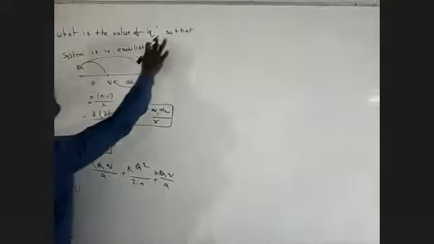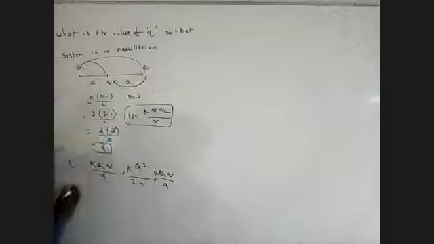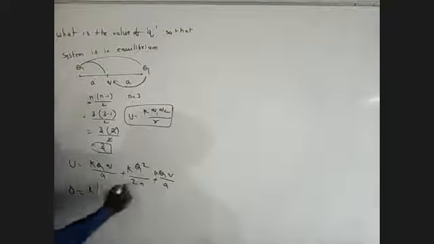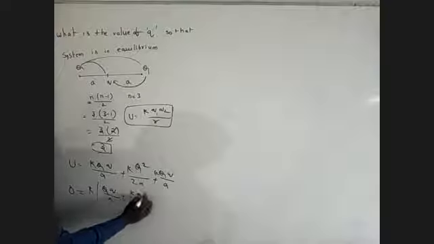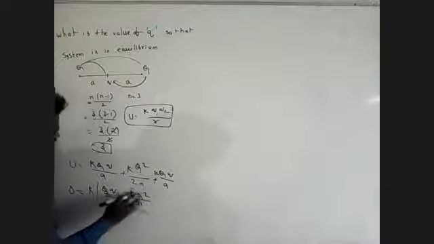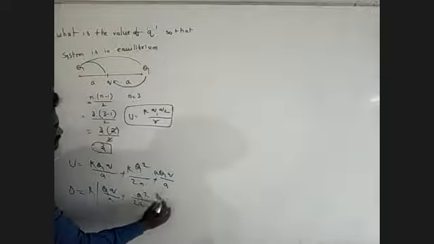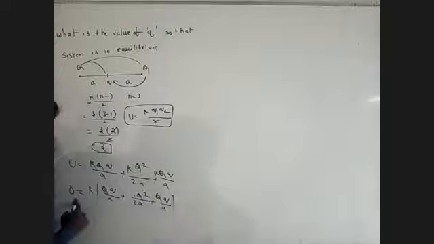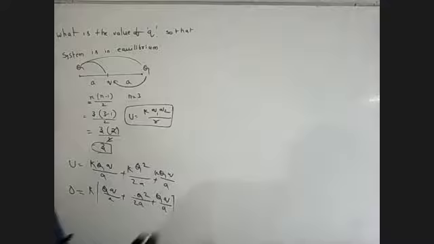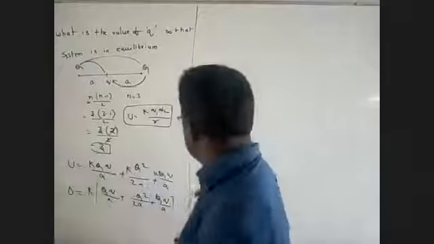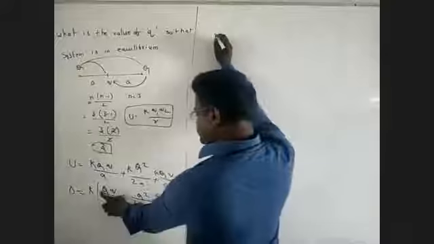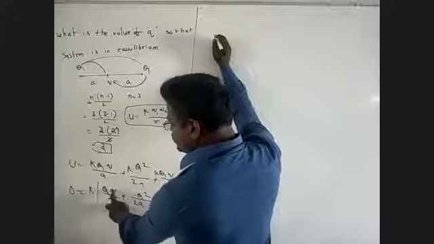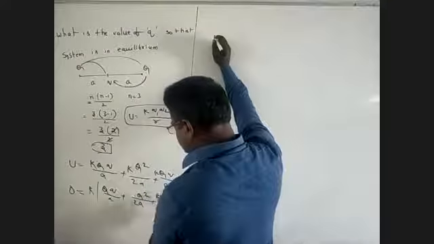The system is in equilibrium means the energy is zero. Taking K common: capital Q small q by A plus Q square by 2A plus capital Q small q by A. Taking K to the other side, it becomes 0.